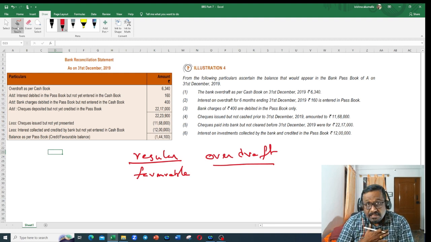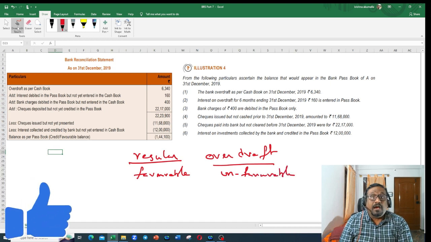That is our business balance. Whatever balance you have in the bank account is a favorable balance. Whereas if you have an overdraft facility and you have withdrawn over and above your balance, that is called overdraft. This overdraft is a liability. You have to pay back this amount. This is called an unfavorable balance.